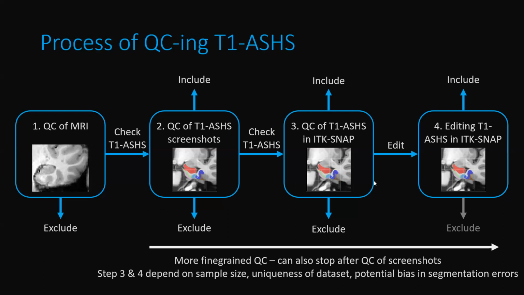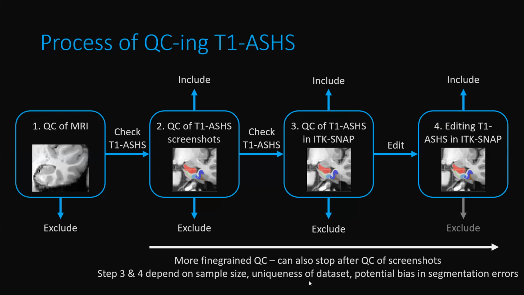The amount of time you spend on step 3 or 4 might depend on the sample size, the uniqueness of your data set, or another option, a potential bias in segmentation error. If you have a really big sample, you might not want to do 3 or even 4 in too much detail, so maybe you would just stop at 3.